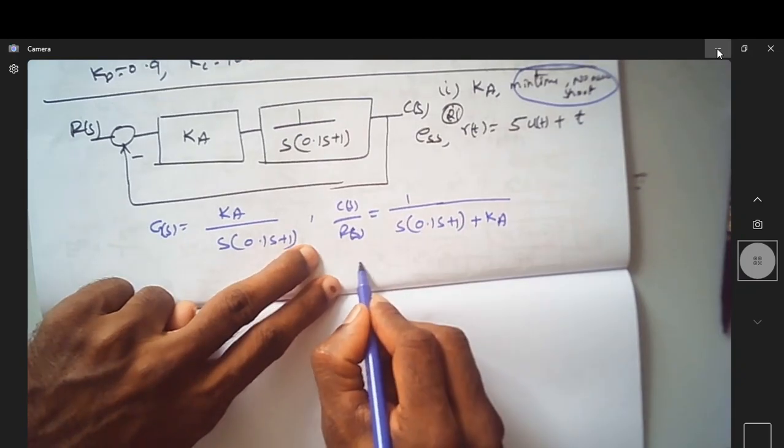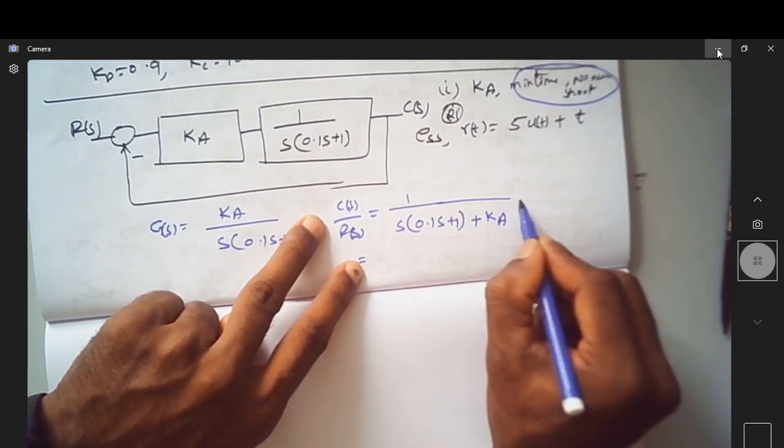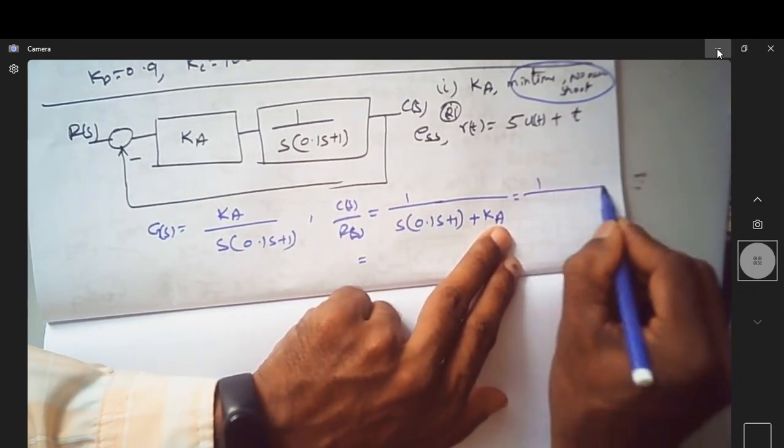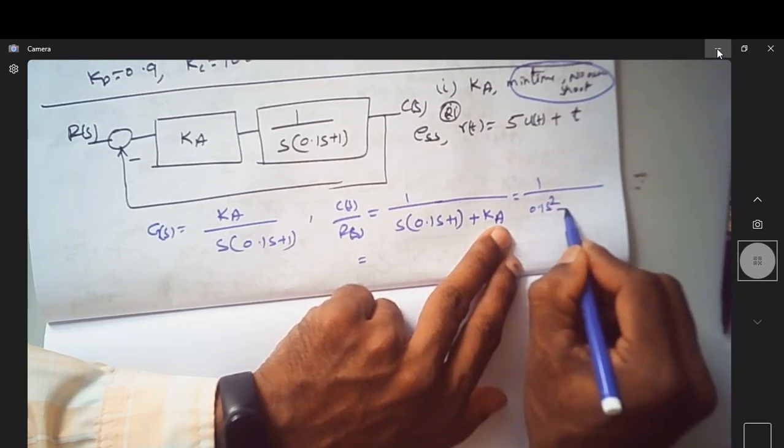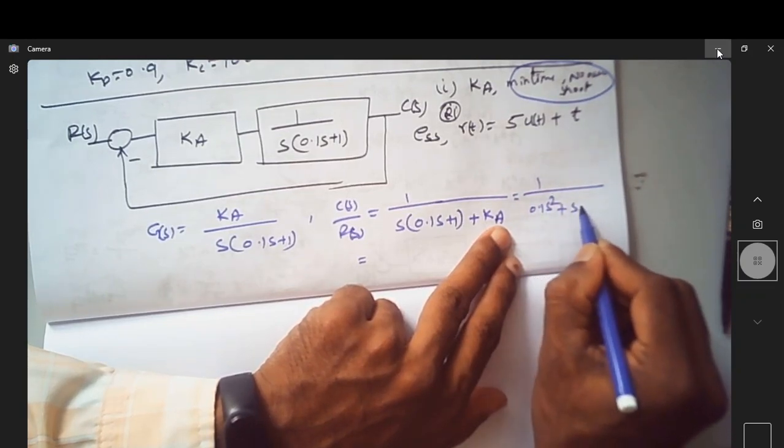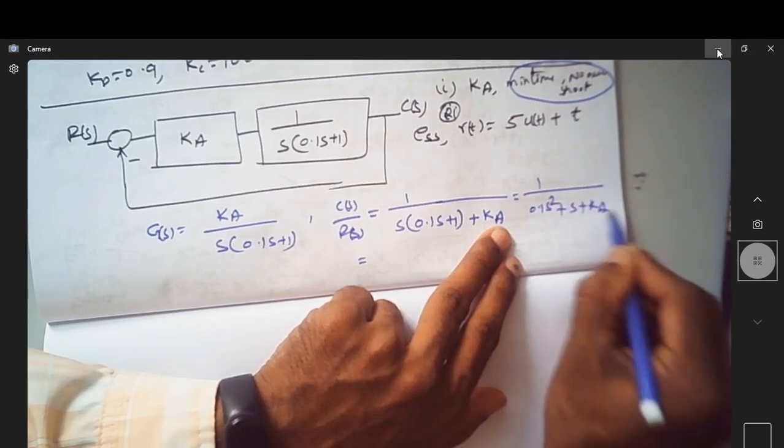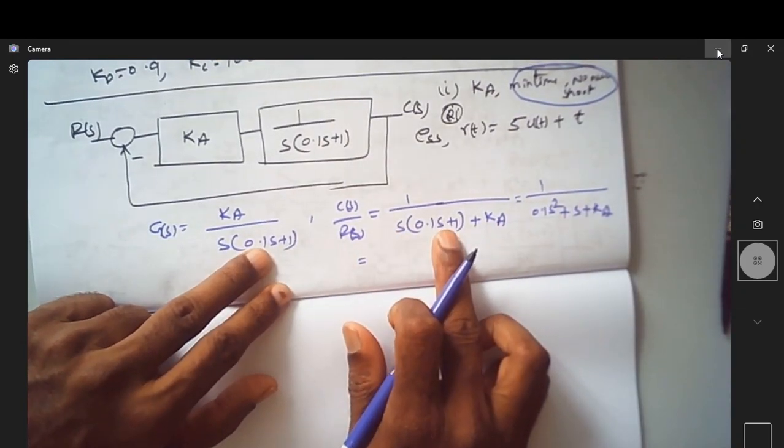So what does this come out to be? Is it not equal to 1 over 0.1 s square plus s plus Ka? This is the equation.